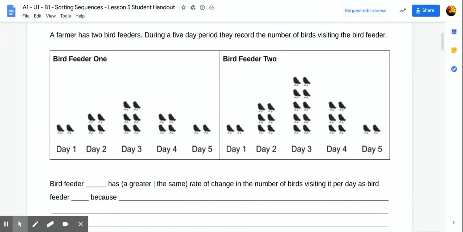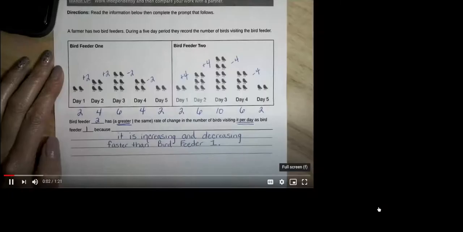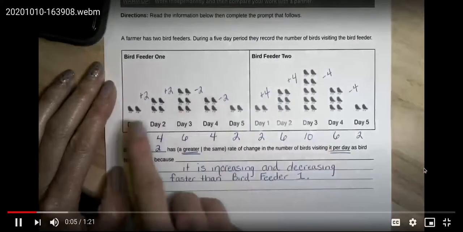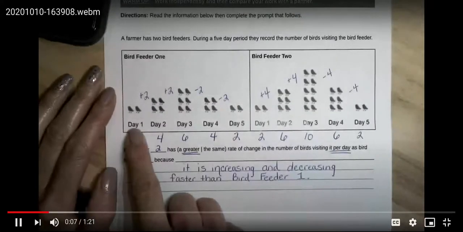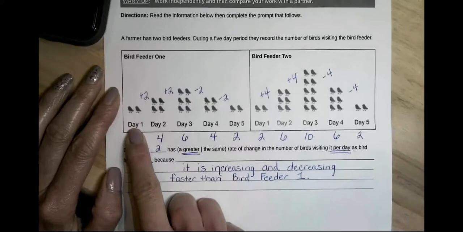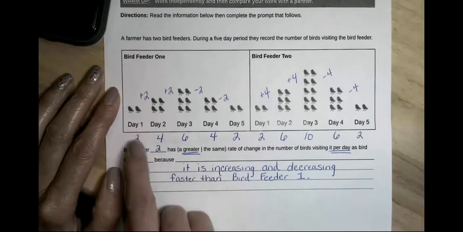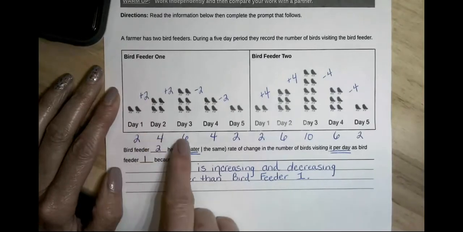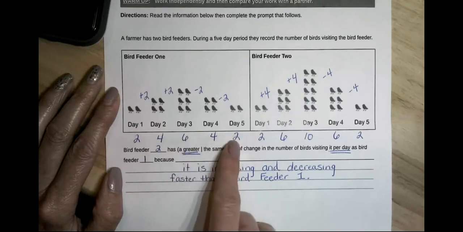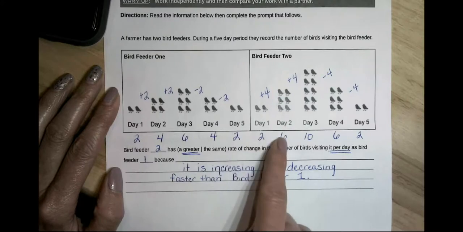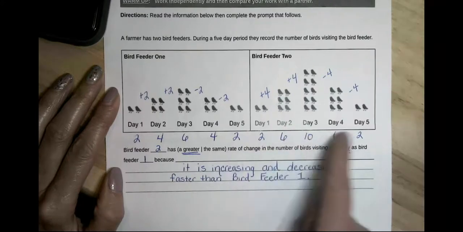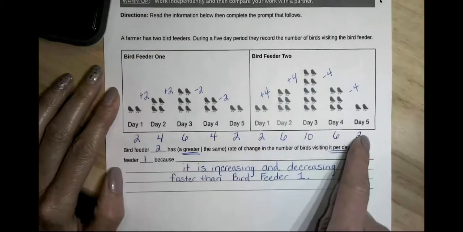Why is this happening? What's going on in this question? We have 2 bird feeders, and you can see how many birds visit the bird feeder on each day. The pattern: 2, 4, 6, 4, 2 birds at bird feeder 1, 2, 6, 10, 6, 2 birds at bird feeder 2.